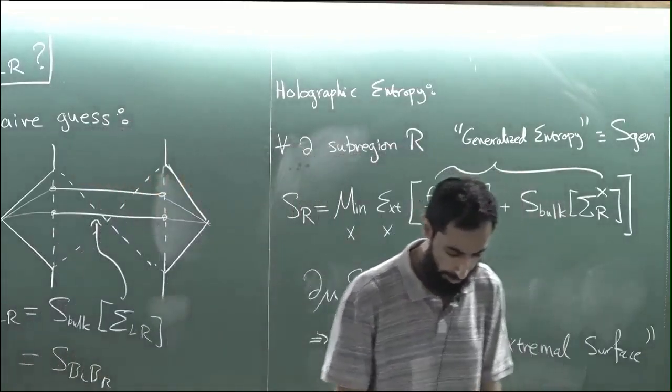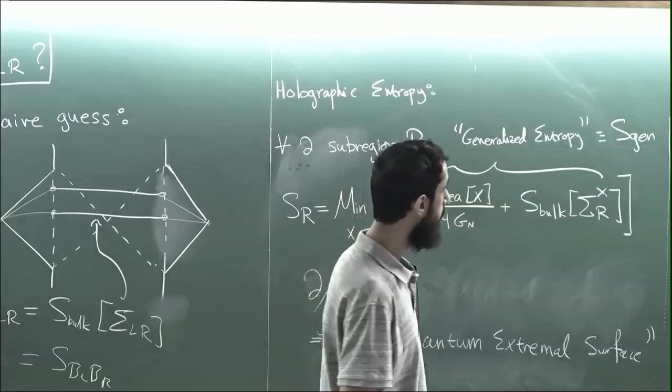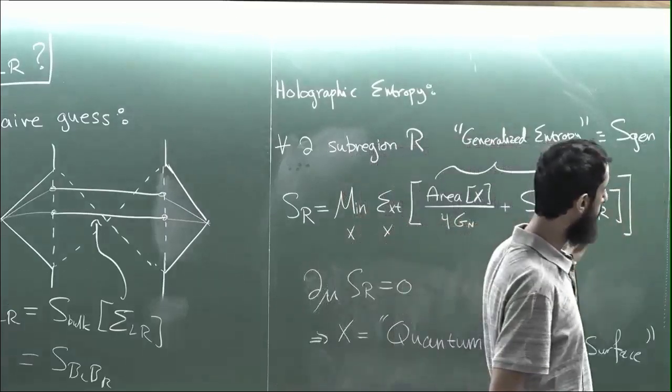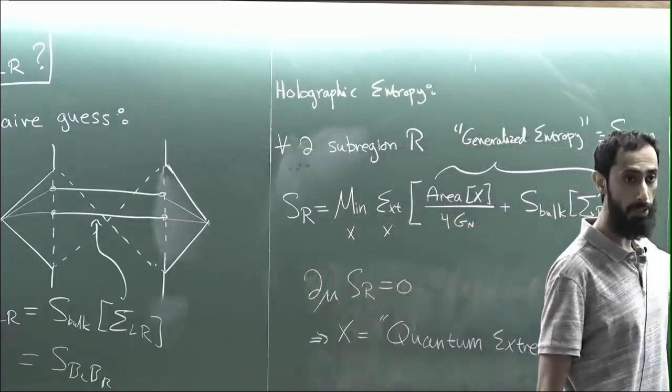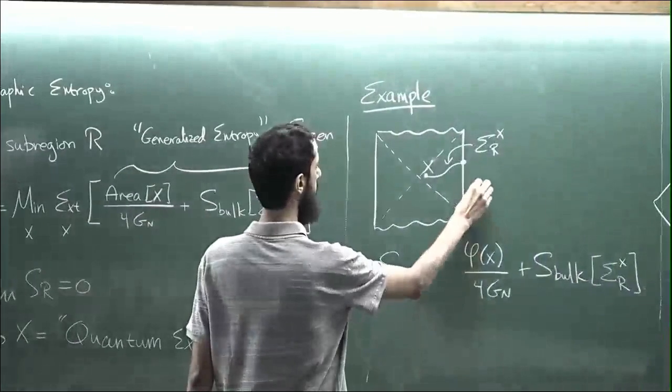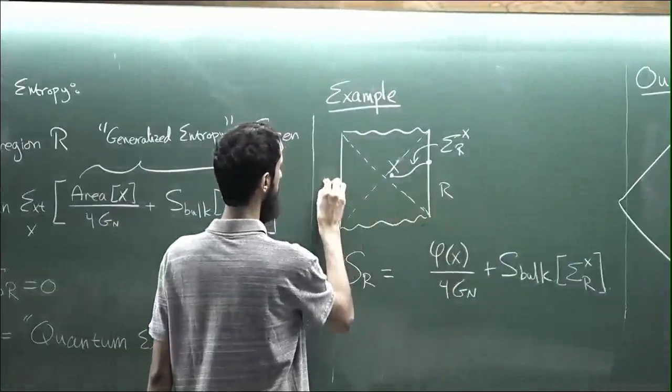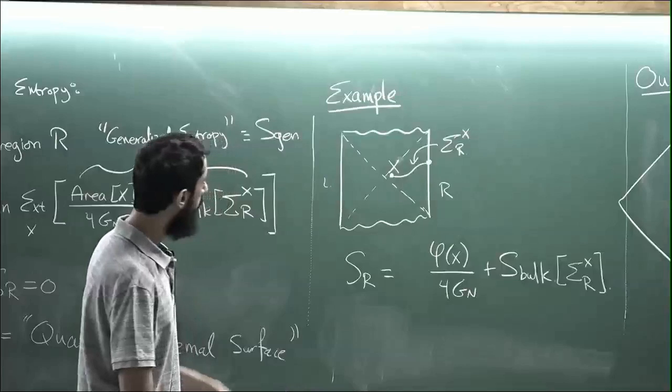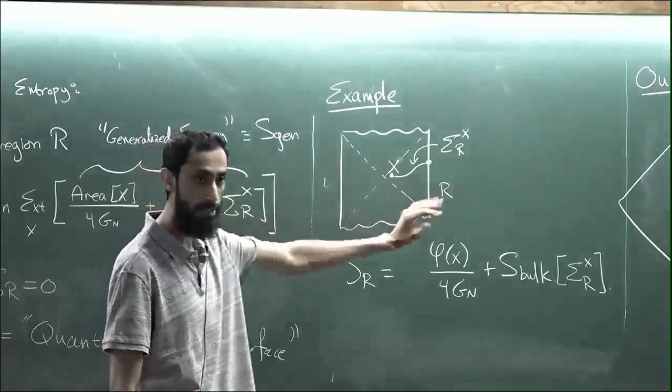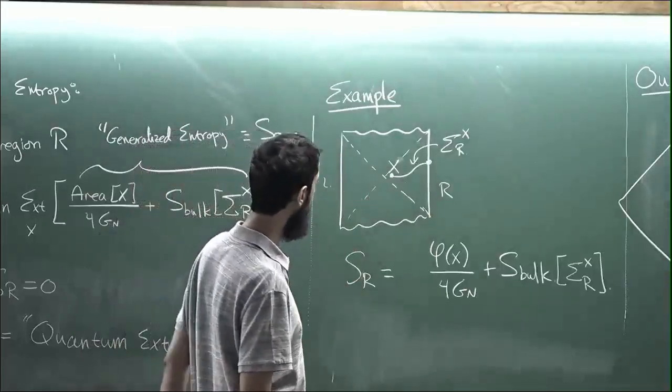Okay, let's take some examples. Let's apply this formula to computing the entropy of the right boundary in the two-dimensional thermofield double state. Now there are no baths, so there's just an eternal black hole in AdS2.